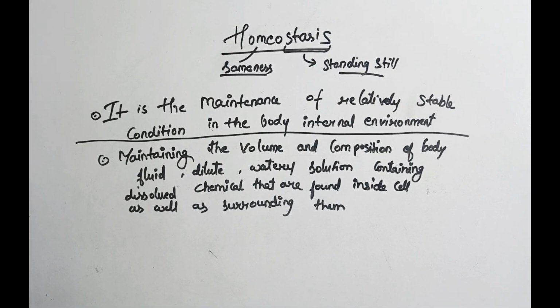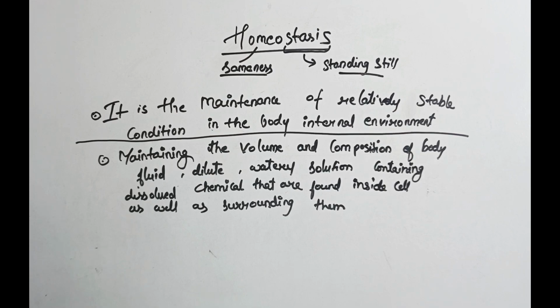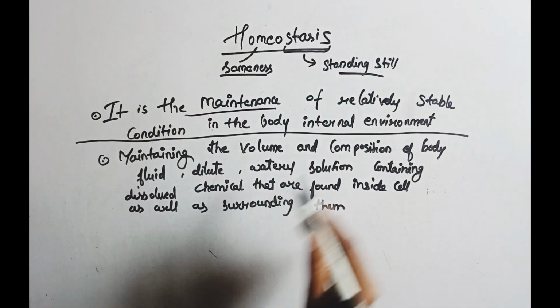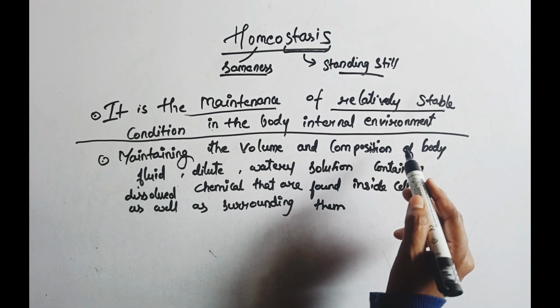Let's discuss the definition of homeostasis. Homeo means sameness and stasis means standing still. So the definition of homeostasis: it is the maintenance of relatively stable conditions in the body's internal environment.